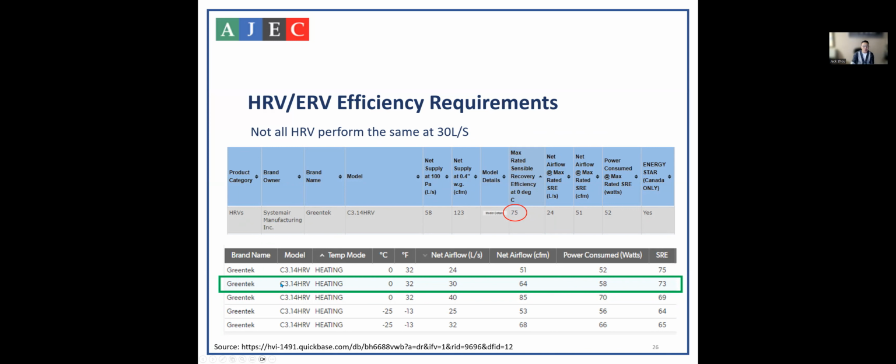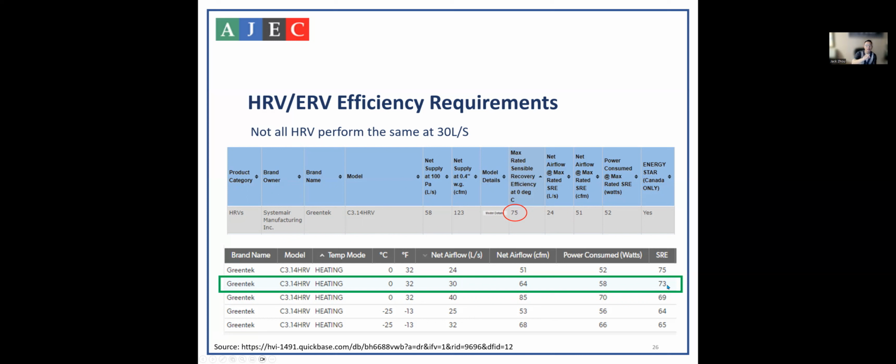But then if you look into the actual performance of this equipment at 30 liters per second, the efficiency is only 73%. It's not 75%. So although the summary says the efficiency is 75%, at 30 liters per second it's only 73%.